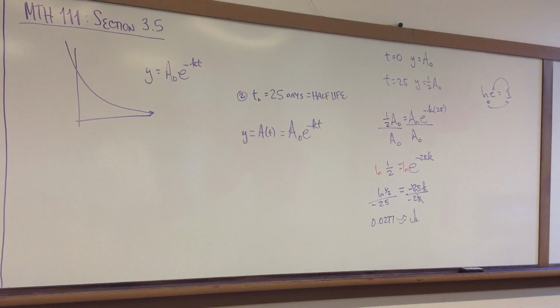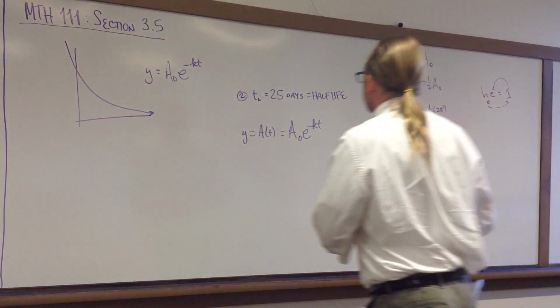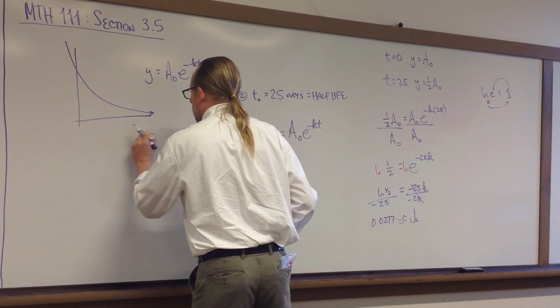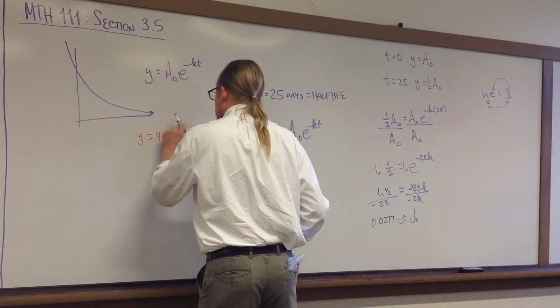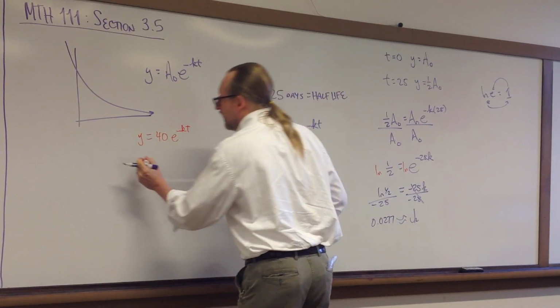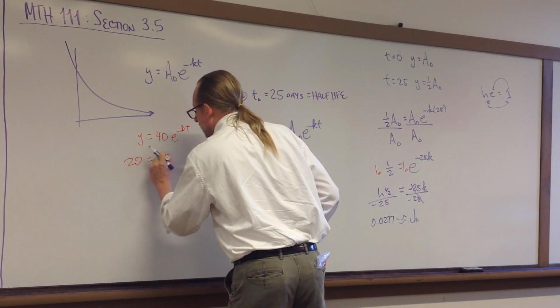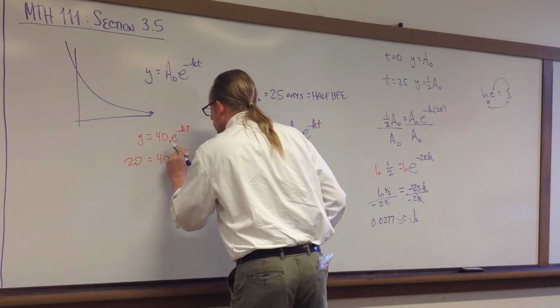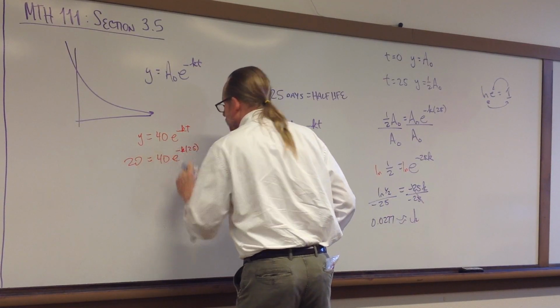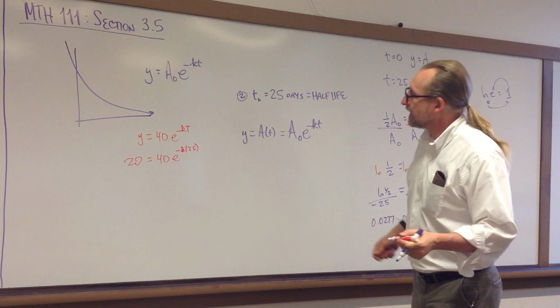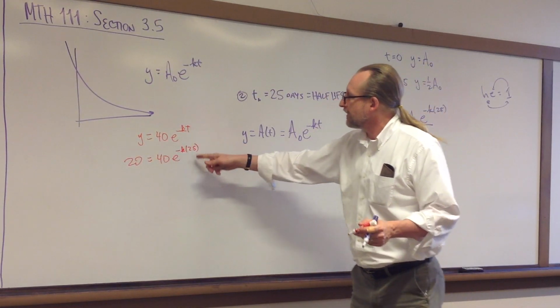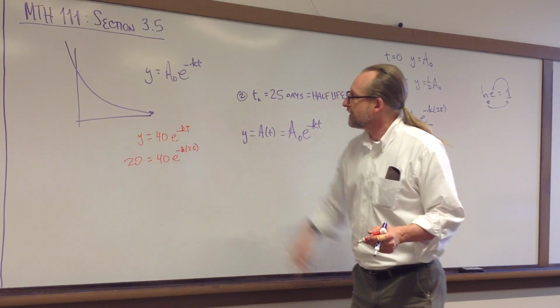In the problem, they tell you that we're starting with a 40-gram sample. So we could say y is 40 e to the minus kt. And then if you wanted to do this half-life calculation, you would just take half of the 40, which gives you 20, and put the half-life time in for t here.